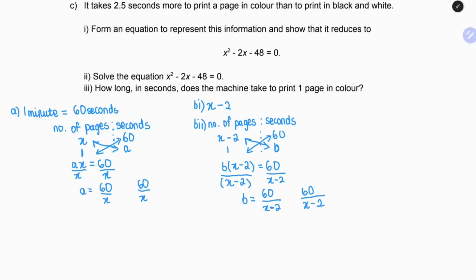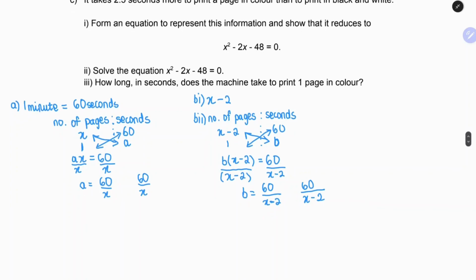So if the time it takes to print in color is more and the time in black and white is less, then when you form the equation, the time to print in color, obviously because it's more, minus the time it takes to print in black and white, is equals to 2.5 seconds.